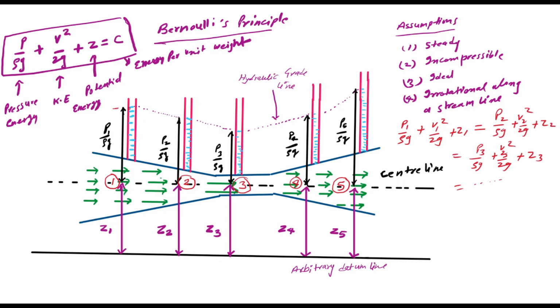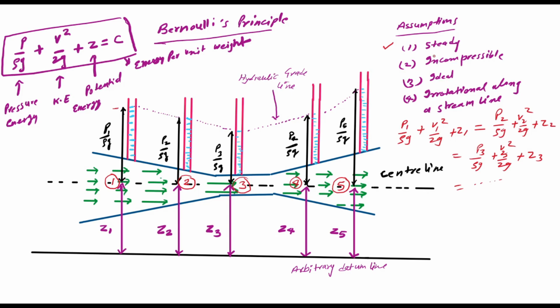When we experiment, this line will go down where the tube is converging, in steady state, right? So there are some assumptions. First, the fluid should be steady. Steady means that at a point the field variables should be constant. What are the field variables here?